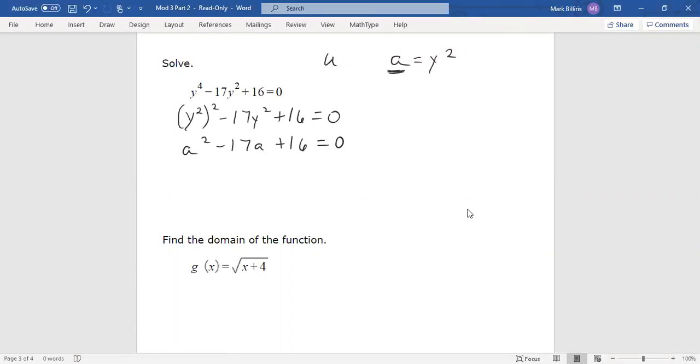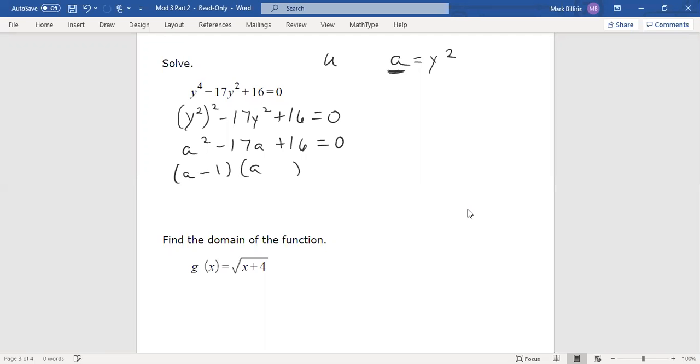So now we're going to factor using the shortcut. How do I know I can use the shortcut? Because my leading coefficient is 1. So what I'm going to do is write a and a, because that's how I get my a squared, a times a. I'm looking for the factors of positive 16 that add to a negative 17.